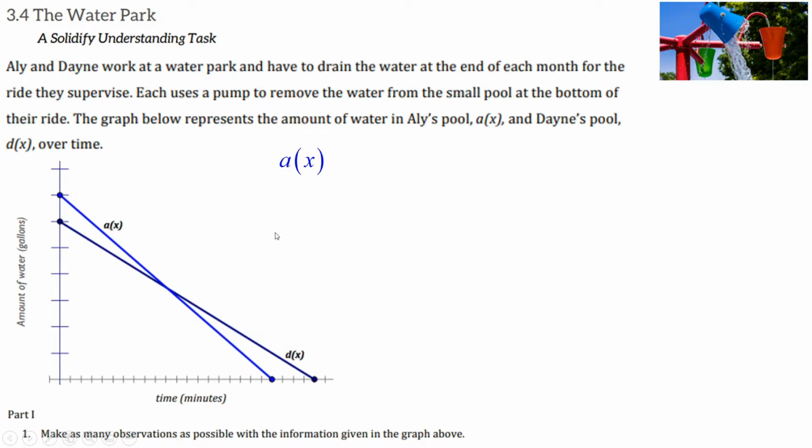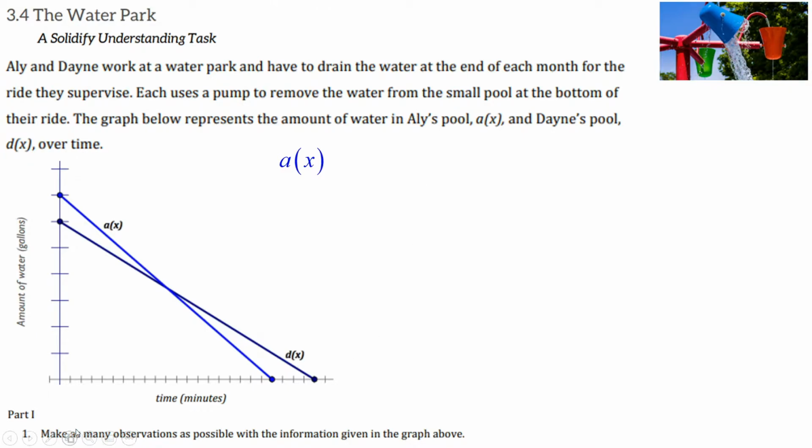And at first I was thinking, man, that's not a lot of water for a pool at a water park. But then I read from the small pool at the bottom of their ride. So I'm thinking, okay, maybe at the bottom of the ride, there's a small pool that contains some of the water in the entire pool where they do the draining and such from. So maybe that's reasonable.